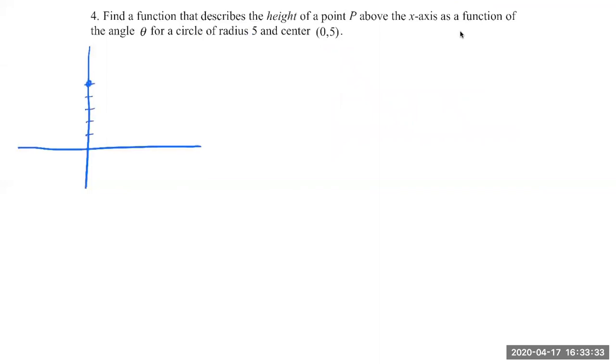Great. And I've got radius 5. Okay, so then that's another point on my circle, and that's a point on my circle, and that's also a point on my circle. Also one up here.